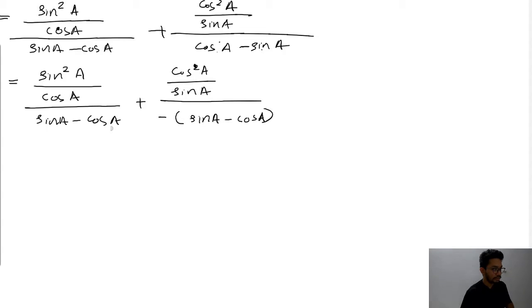Our aim is to make the denominator the same, so this minus goes over here and changes the sign. Now we have a common denominator.